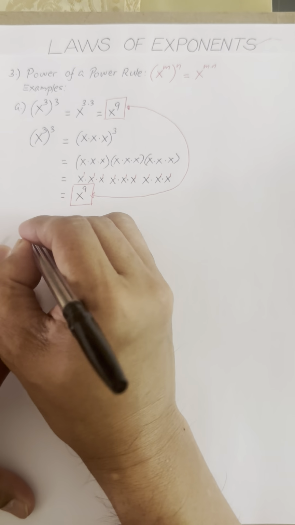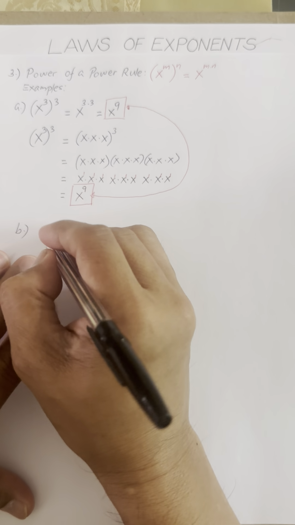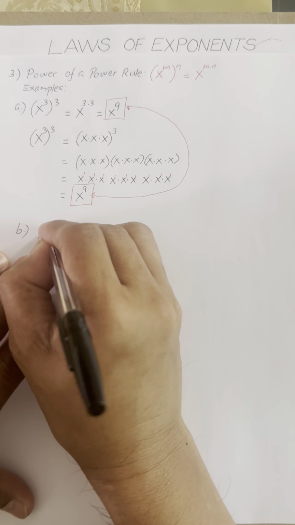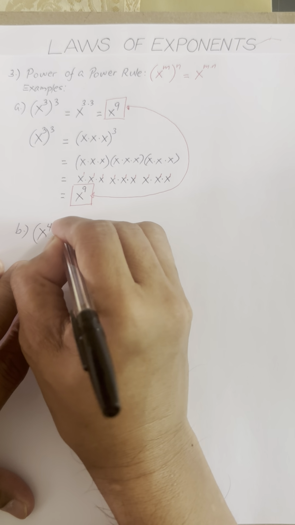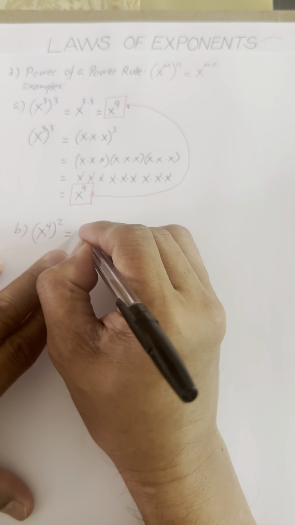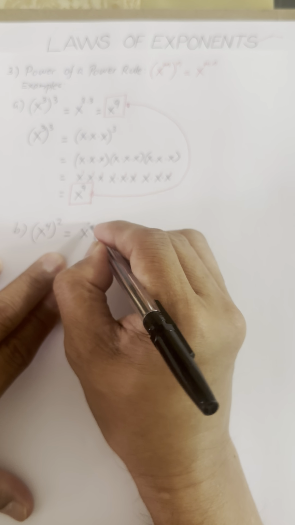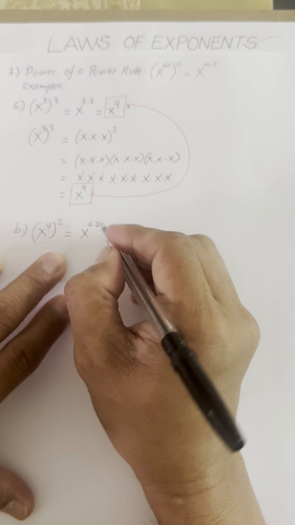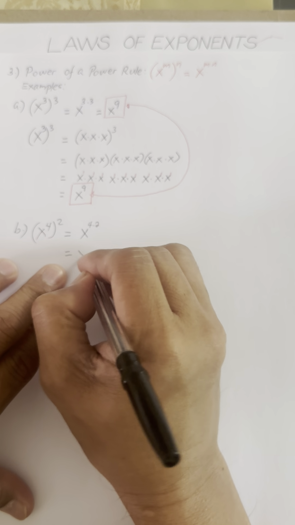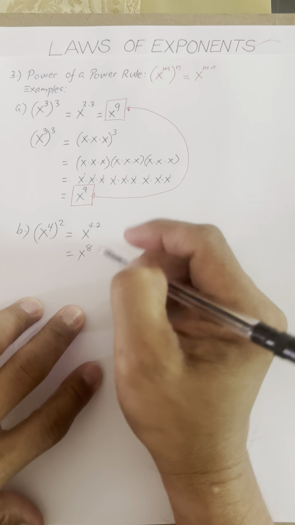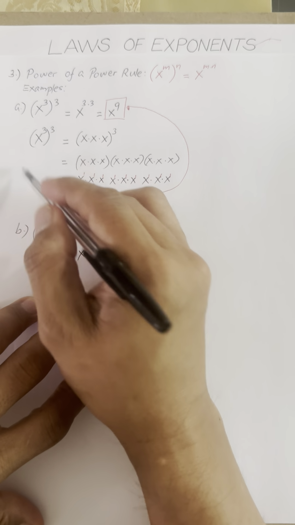Okay, if you have, say, x to the power 4 raised to power 2, this is the same as x to the power, you just multiply the powers or the exponents. So 4 times 2, or equal to x to the power 8. Or we can do the same as this.